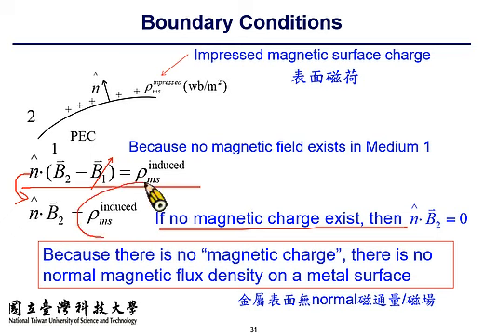And because you know that this one goes to 0, you cannot find a magnetic surface charge on any surface. So the normal component of magnetic flux density on the surface must equal 0. Because there is no magnetic charge, there is no normal magnetic flux density on a metal surface. Okay, again, this applies to a metal surface.